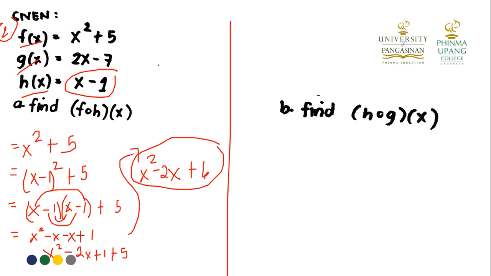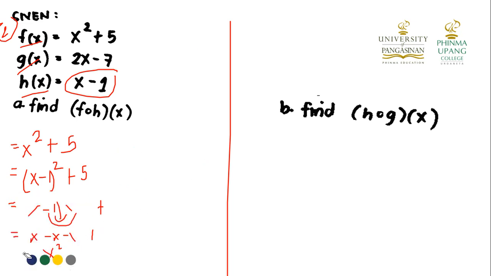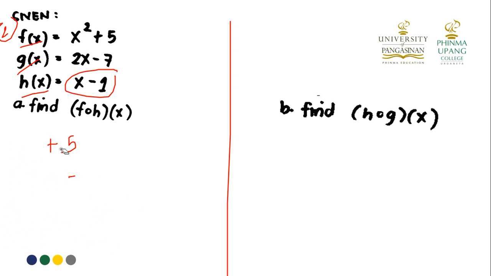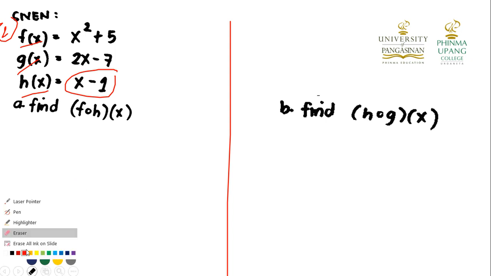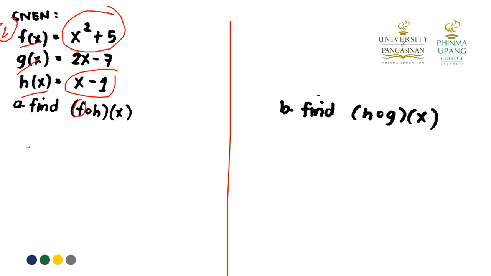Sir, pwede pong paulit? Okay, ulitin natin. So, yung unang binanggit is f. So, x squared plus 5. Yan. Tapos yung pangalawa is h natin.